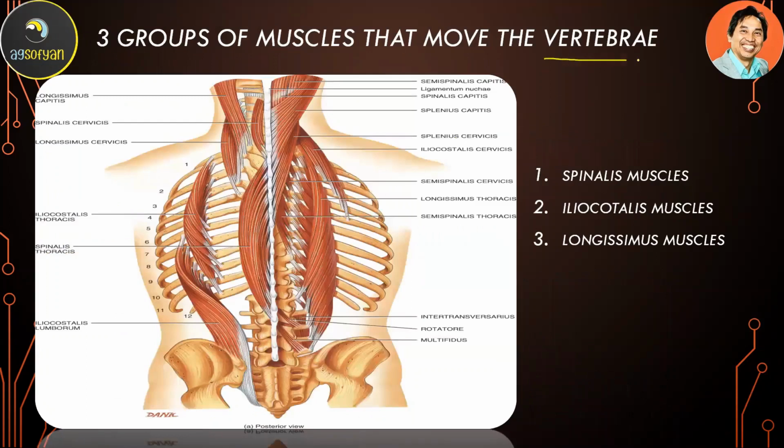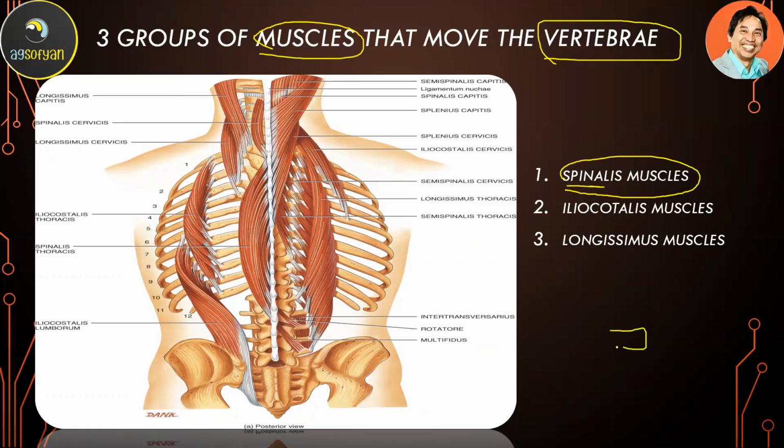Muscles that move vertebrae. We can move our vertebrae, we can bend our body, or we can bend left or right because of this group of muscles. So the first one is the spinalis muscle, and the name is telling you this is connecting one vertebra to another vertebra. Let's say this is a vertebra, like this. This is another vertebra, for example.